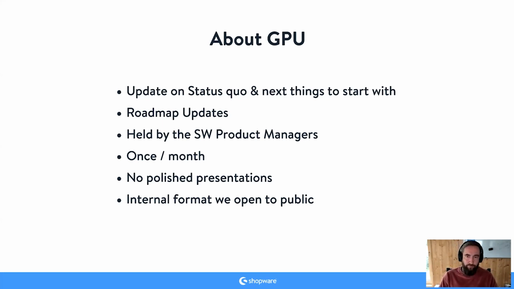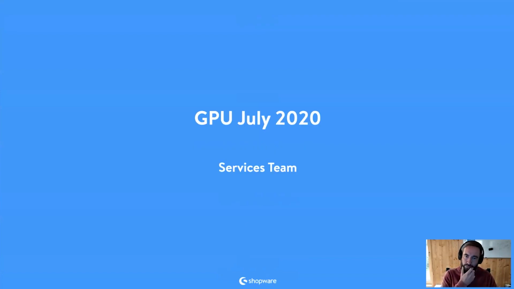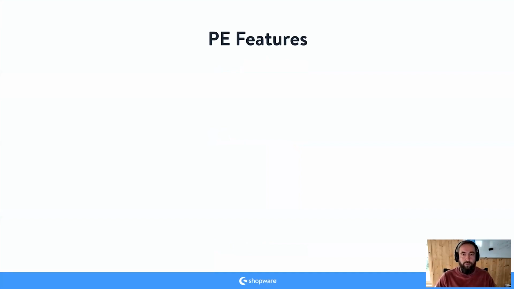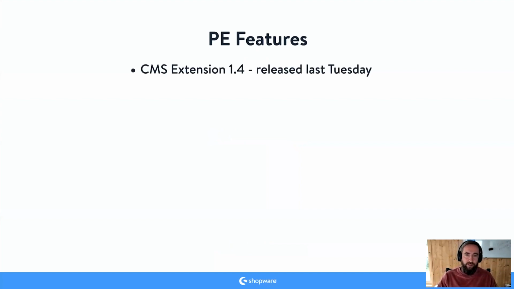Okay, so first of all, I will start directly and give you an update on what's happening in the services team. First of all, let's talk about the professional edition features. Last Tuesday, the CMS extension 1.4 was released, and this includes the scroll navigation animations.